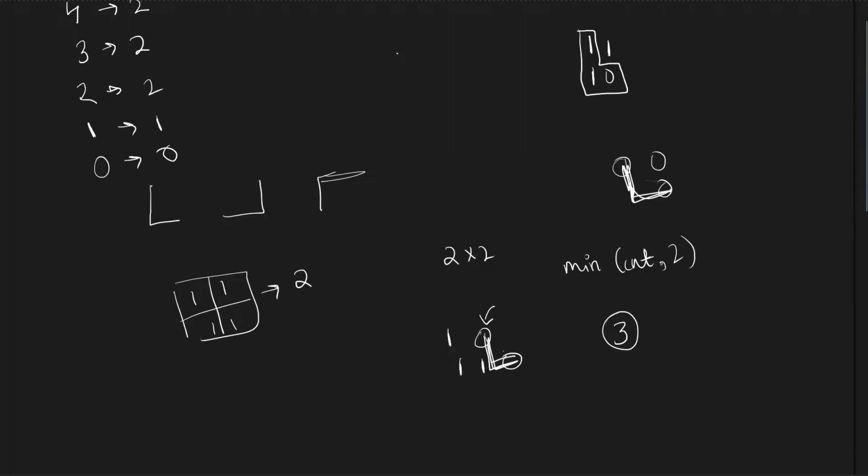For example, if I am starting from the 0, 0th point, I'll fetch in these directions: I'll fetch down, I'll fetch right, I'll fetch bottom right, down right.